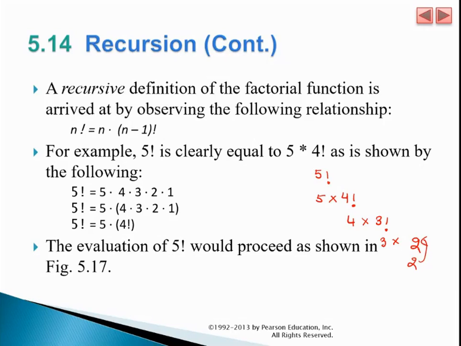Then 3 into 2 will happen. 3 into 2 is 6. So 3 factorial will be replaced by 6. And this is how returning will be possible. Then 4 into 6 is 24, and it will get pasted here. And then we will have 5 into 24, and this will get returned and it will become 120.